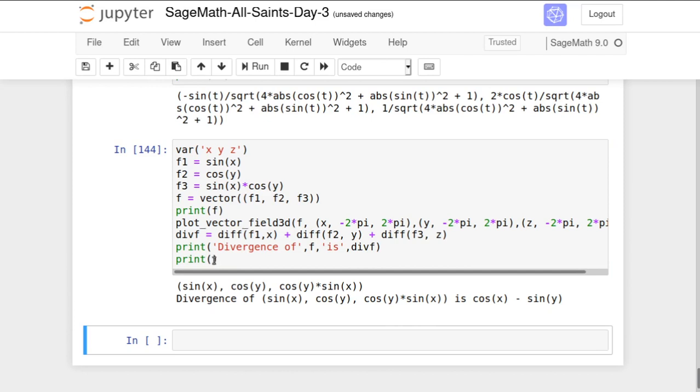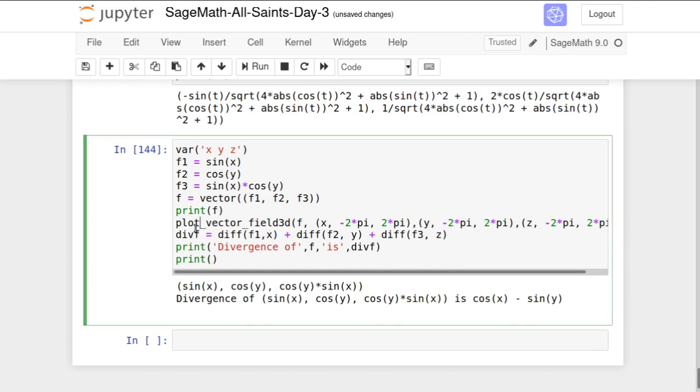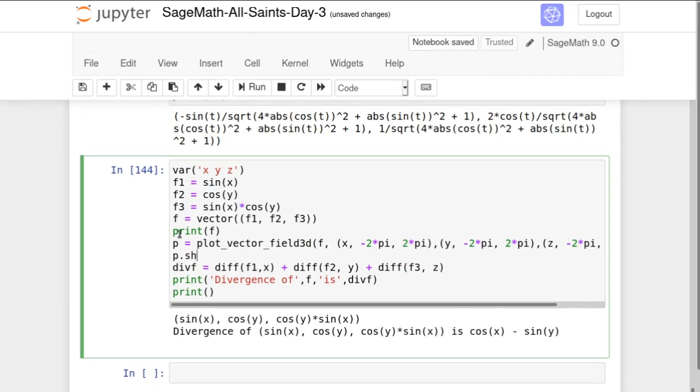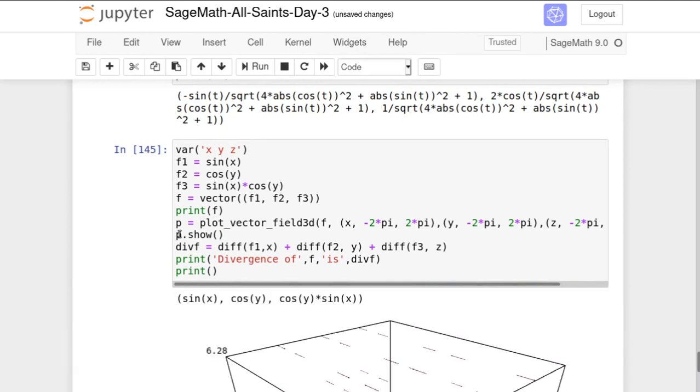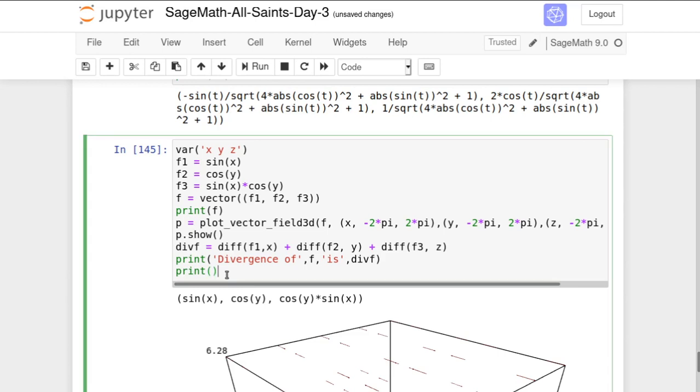Now the plot is not visible, so we may just type p is equal to this, and give the plot also here, and show the plot just above this, p dot show. So now the output is this.